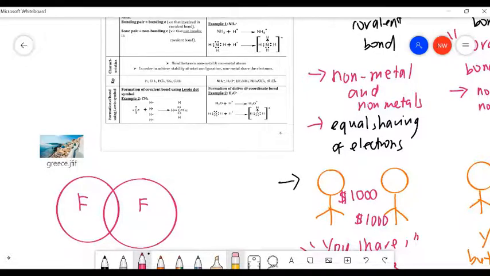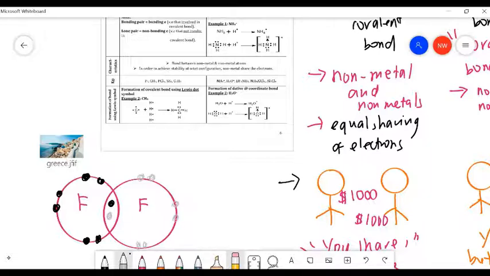So untuk mencapai octet, kita tahu fluorine atom ada berapa elektron? 7 kan, valence 1, 2, 3, 4, 5, 6, 7. Okay, that for the first fluorine. So the second fluorine pun ada 7. 1, 2, 3, 4, 5, 6, 7.